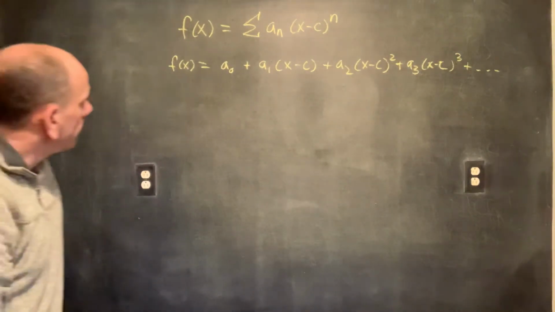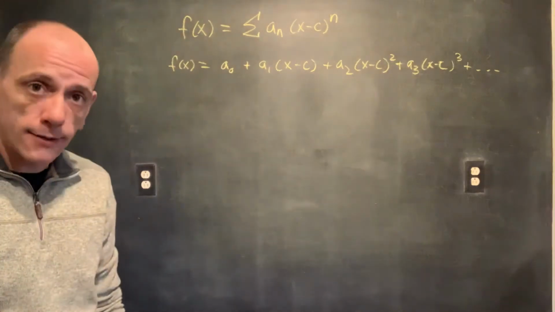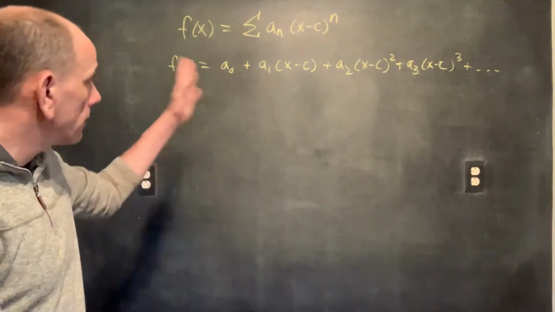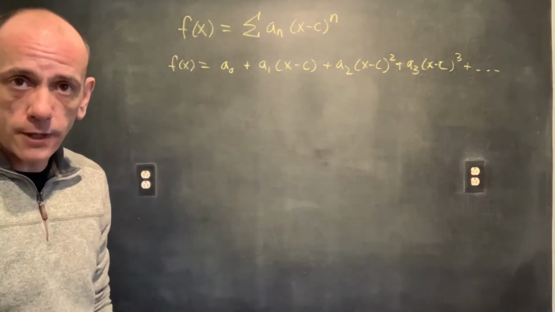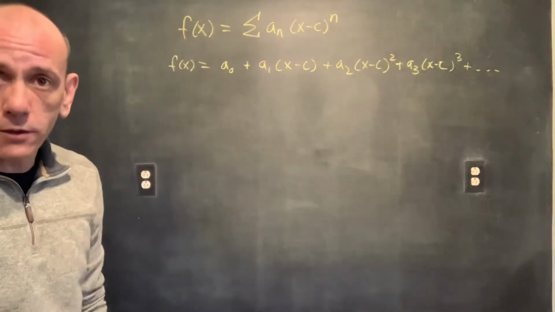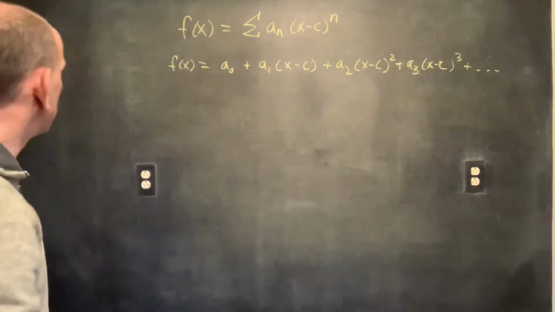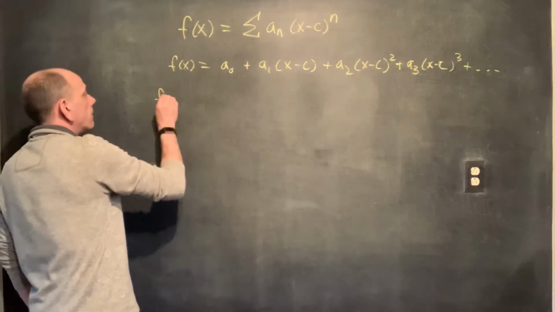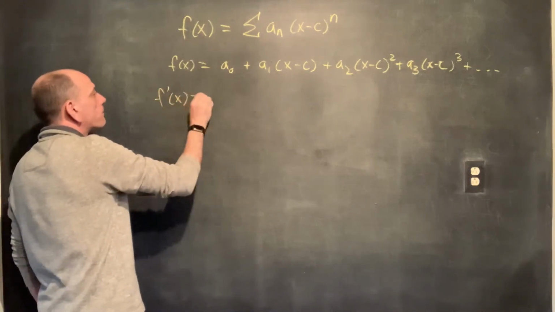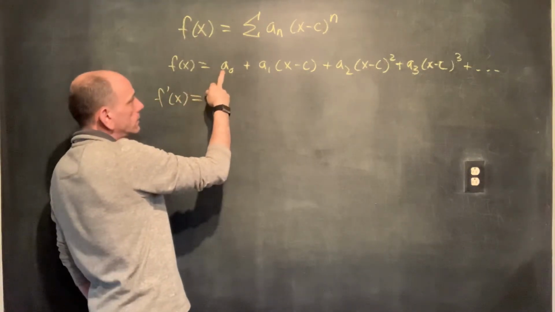I go, okay, if that's the case, if f is equal to this power series representation, then their derivatives should also be equal. So let's look at the derivative. Well, the derivative of a constant is 0.